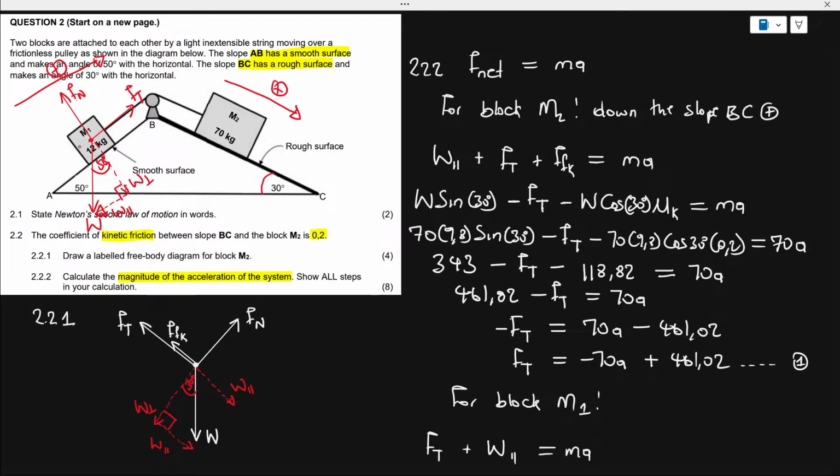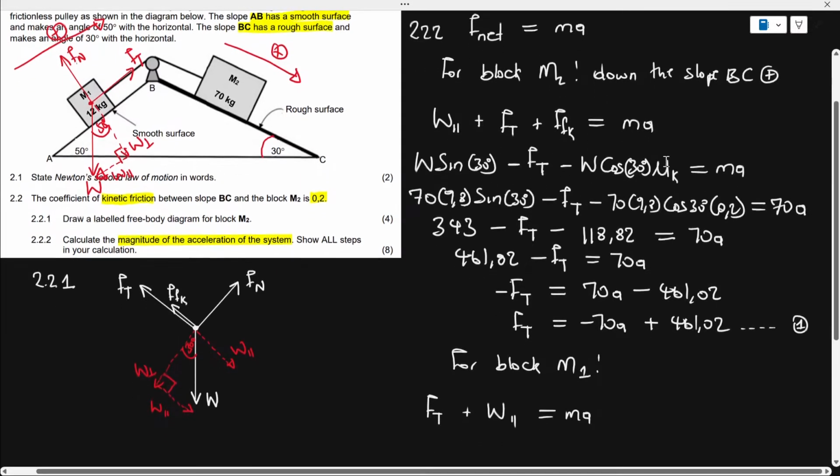That is because these two blocks are going to move as a system, so they will move together. So the direction that we have chosen in our first part of the problem will determine the positive direction for the second part, which is block M1.